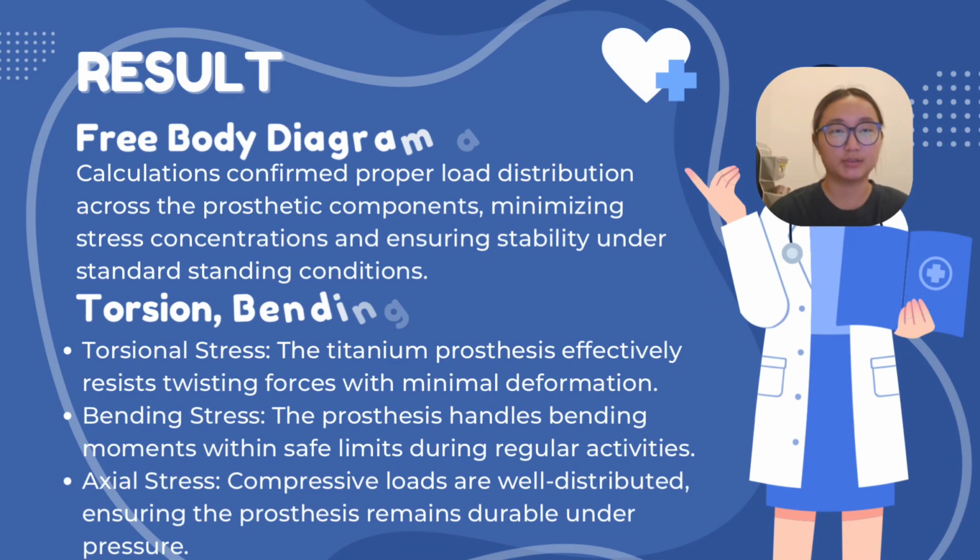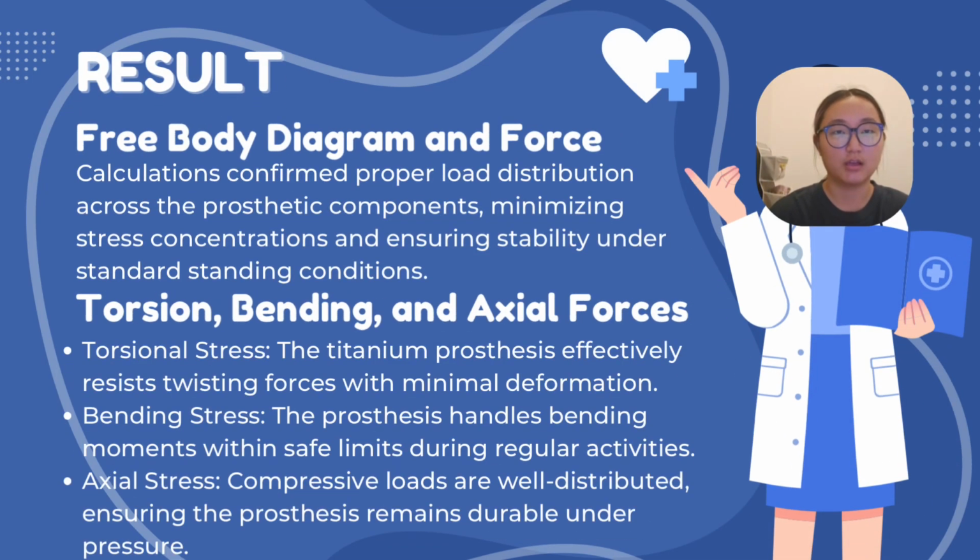Result: free body diagram and force. Calculation confirmed proper load distribution across the prosthetic components, minimizing stress concentrations and ensuring stability under standard standing conditions. Torsion, bending, and axial forces.